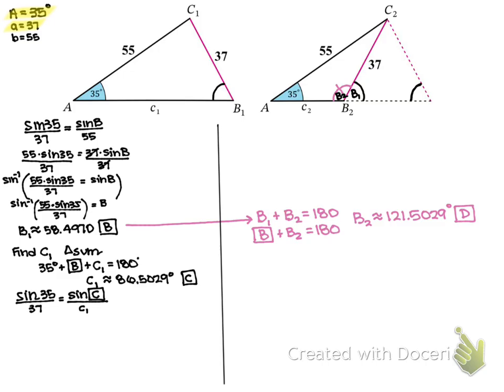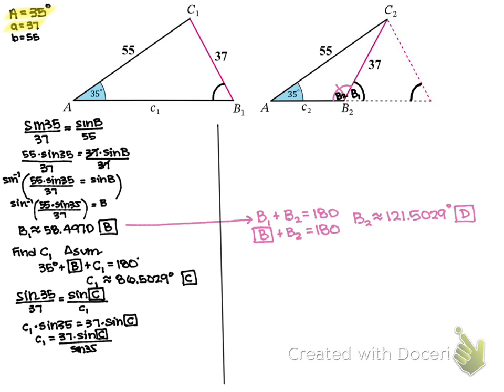So I'm trying to find little c1. So this is going to give me c1 times sine of 35 is equal to 37 times sine of whatever I stored in C, and then I'm going to divide. So this is going to give me 37 times sine of C all over sine of 35.